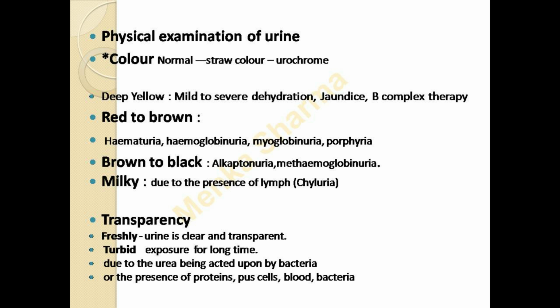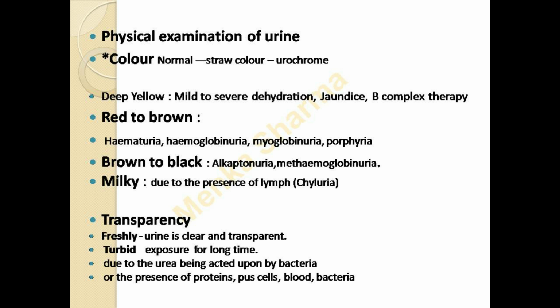The normal color of urine is straw color, which is due to the presence of urochrome in the urine. If the color of urine is deep yellow, then it indicates mild to severe dehydration or jaundice, or the patient is on B complex therapy.